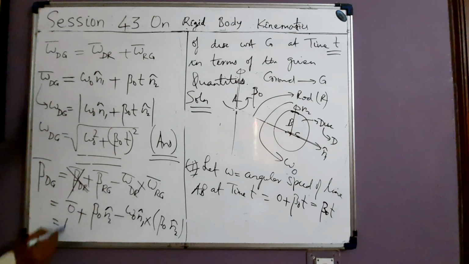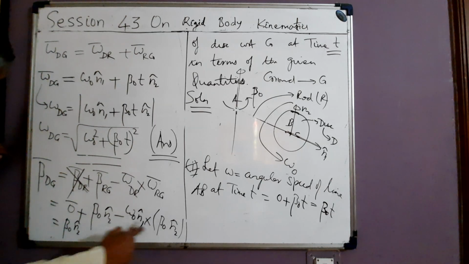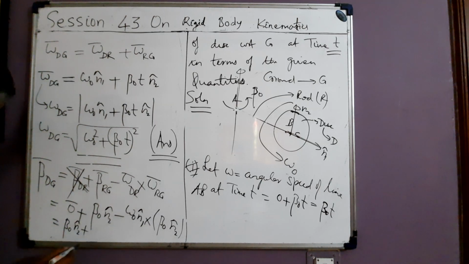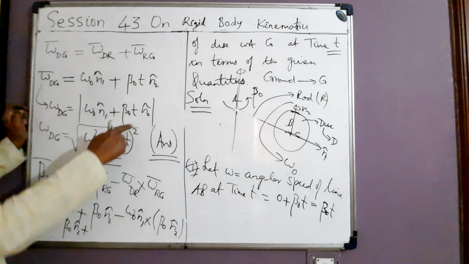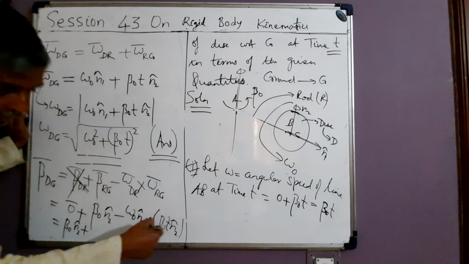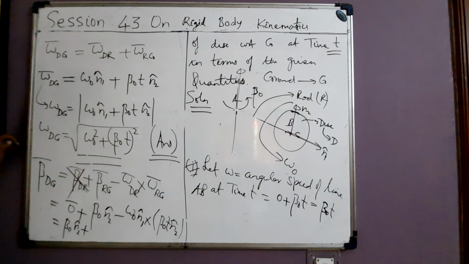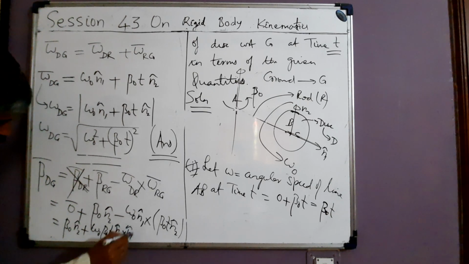Here t also comes, beta naught t was missed out. So this becomes beta naught n2 hat minus, if you interchange these two, omega naught beta naught t n2 hat cross n1 hat.